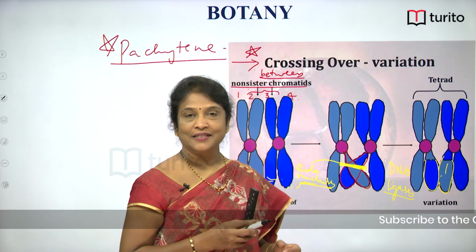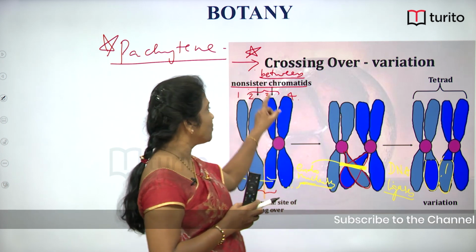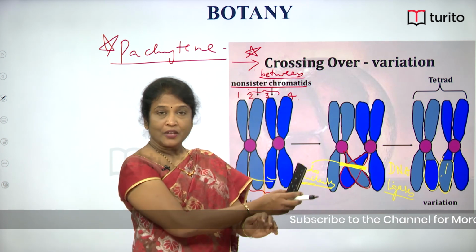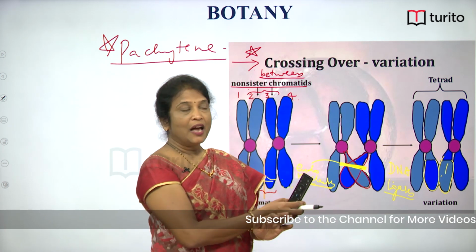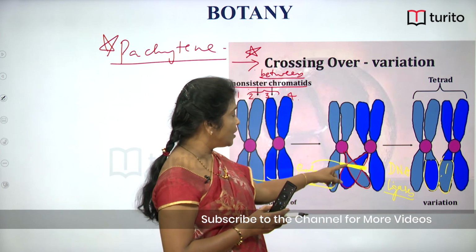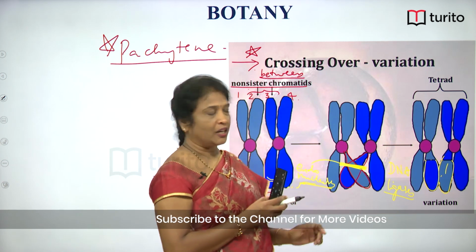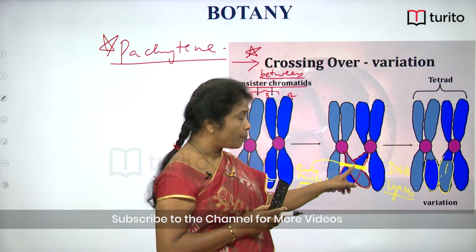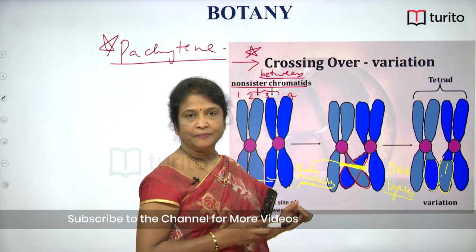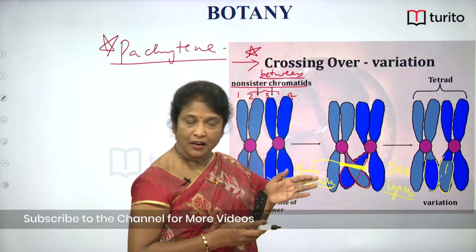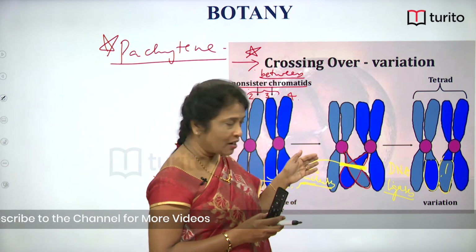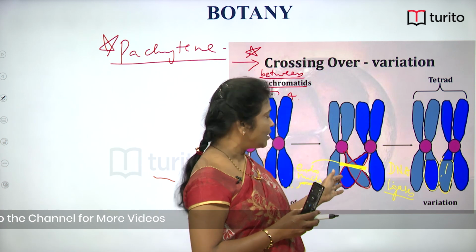non-sister chromatids. So, the non-sister chromatids cross over, that is called crossing over, and after crossing over, at the region of crossing over, endonucleases break the chromatid segments by breaking the phosphodiester bonds of DNA molecules in the chromatid.